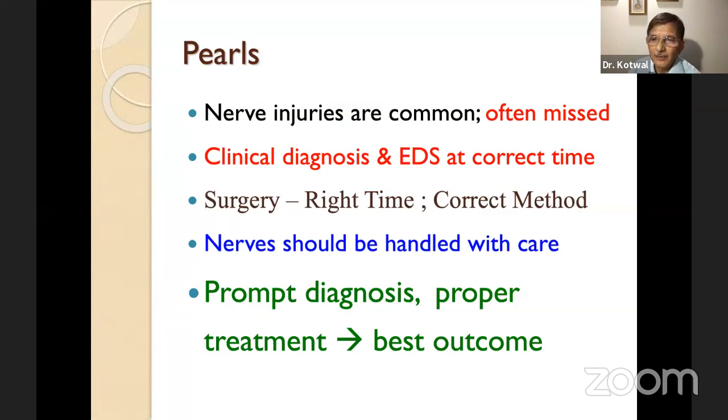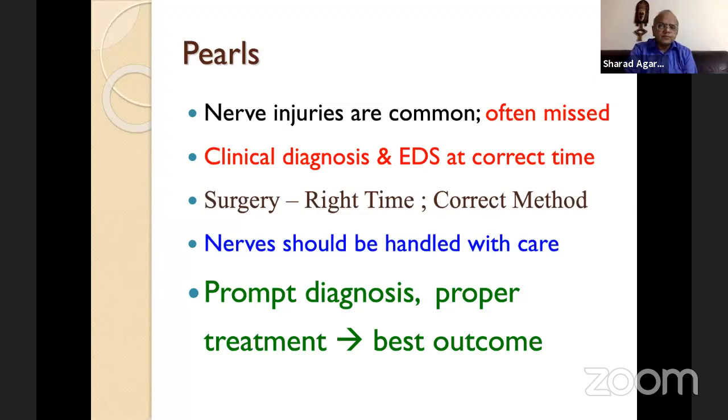But the best is fascicular, and that's why people have also tried vascularized fascicular nerve repair or grafting, which, like any vascularized bone grafting, is supposed to give better results.